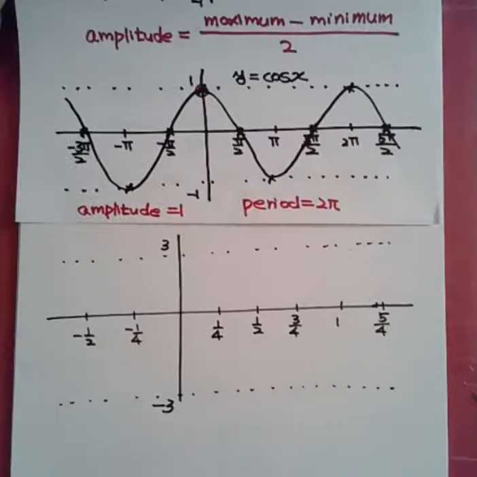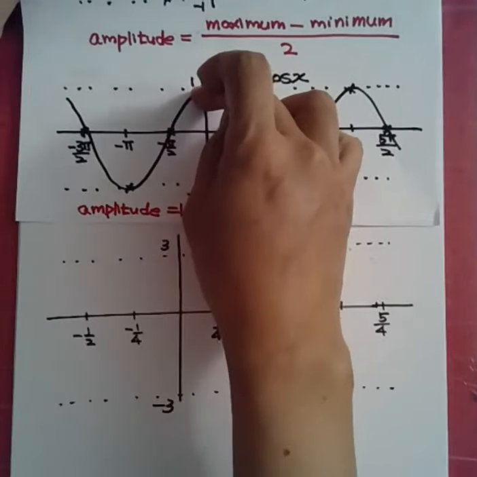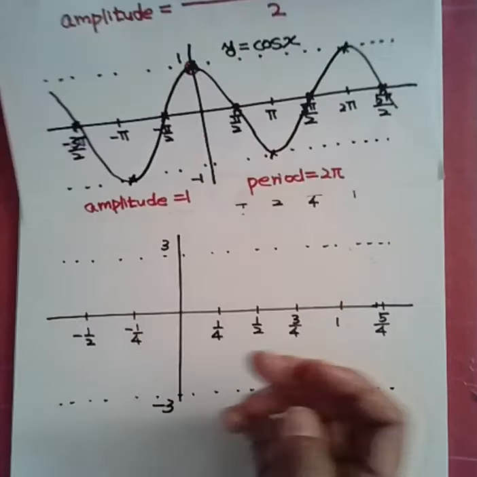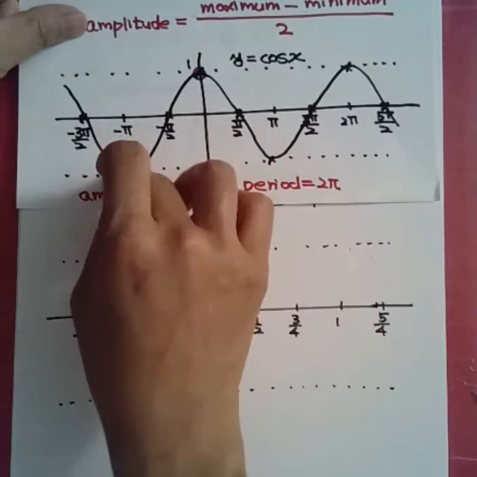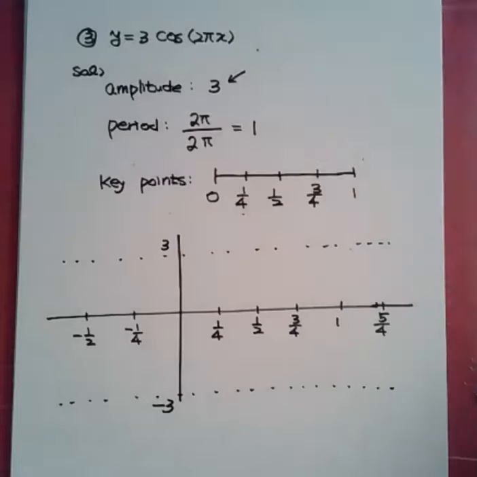This is about cosine, so it starts at the maximum value and it'll follow the original function's shape.